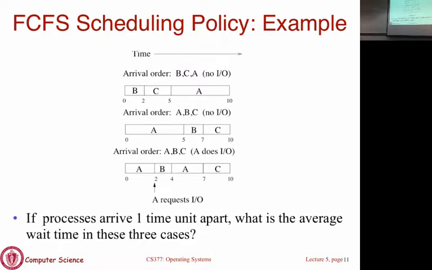Yes, question. So if B wasn't over, would it resume after A? Good point. If B hasn't finished, but A is done with this I/O and it comes back to the queue, what should happen then? That's the question, right? As I had mentioned, this is a non-preemptive system. The scheduler does not get to interrupt the process saying something has happened in the system.